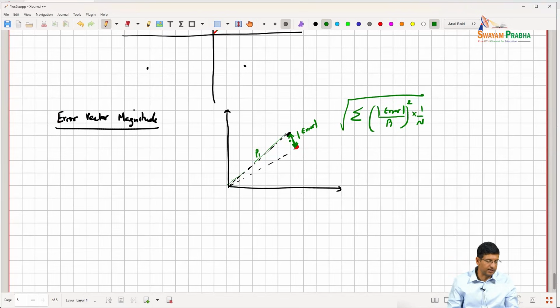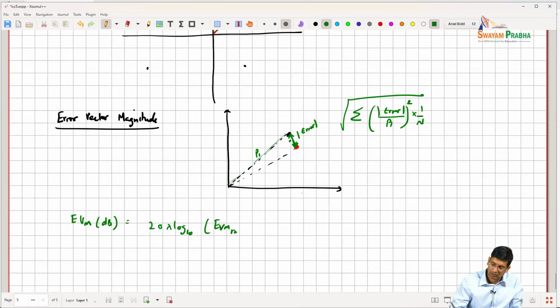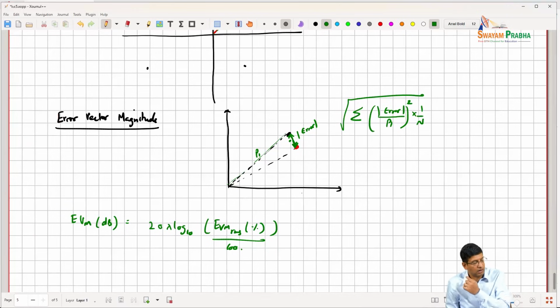This specification is expressed either in percentage or dB, and you can get the EVM specification.